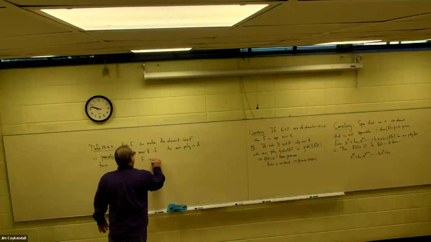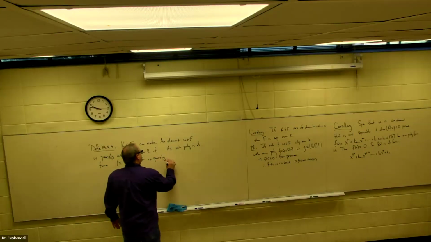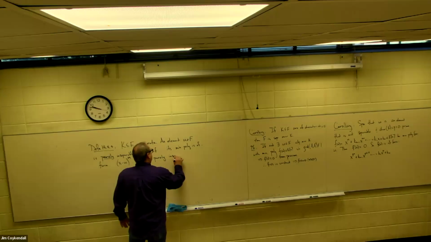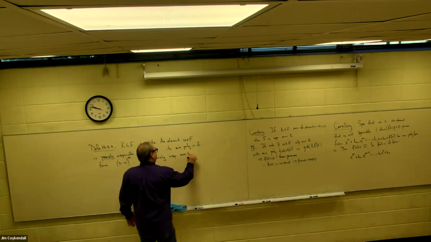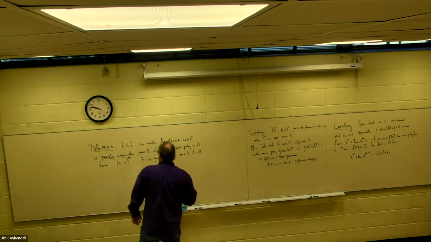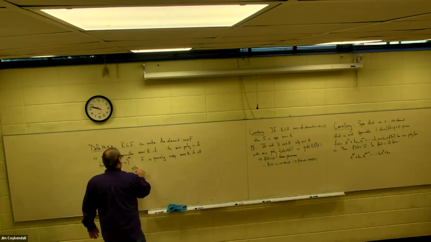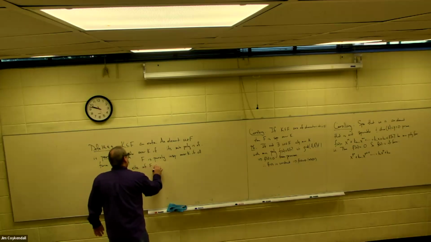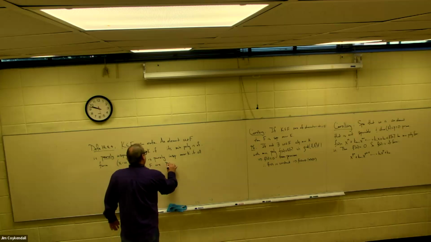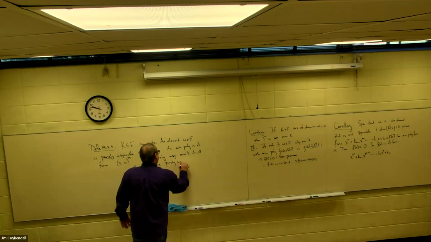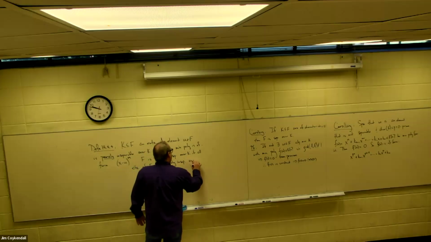F is purely inseparable over K as an extension if all elements of F are purely inseparable. Okay.